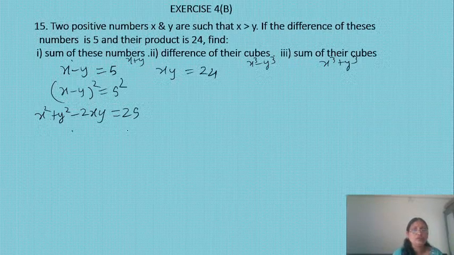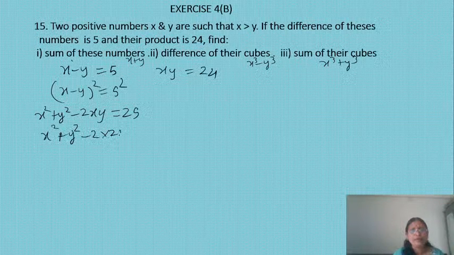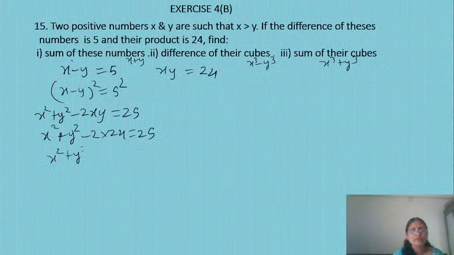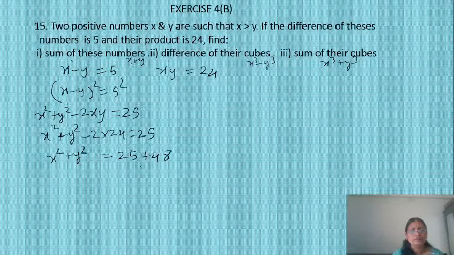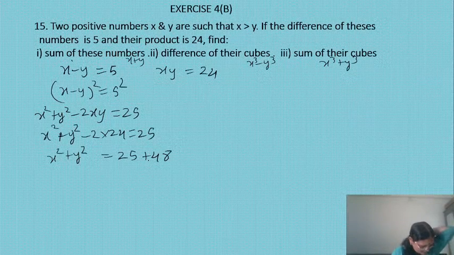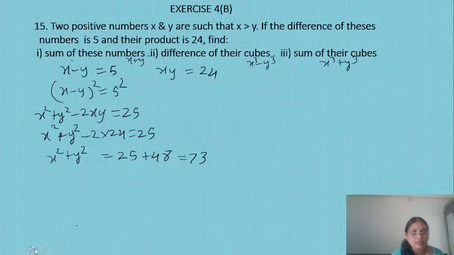So x square plus y square minus 2 into 24 is equal to 25. So x square plus y square is equal to 25 plus 48, which is 73.